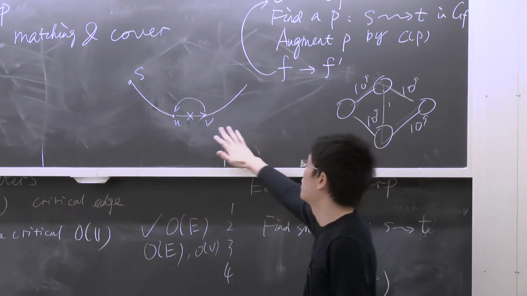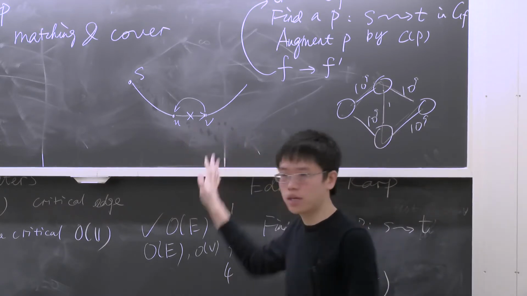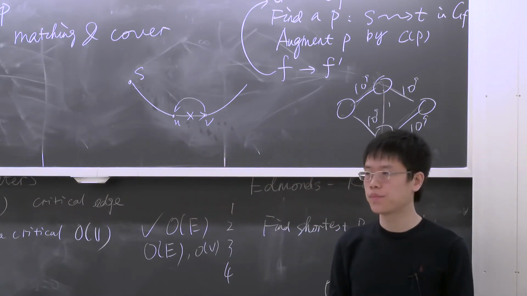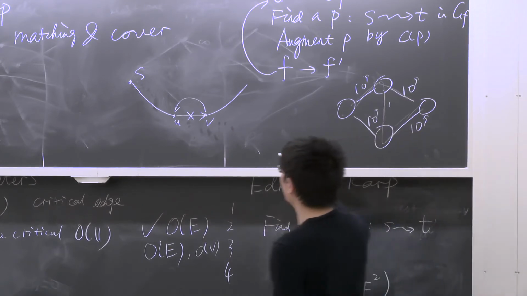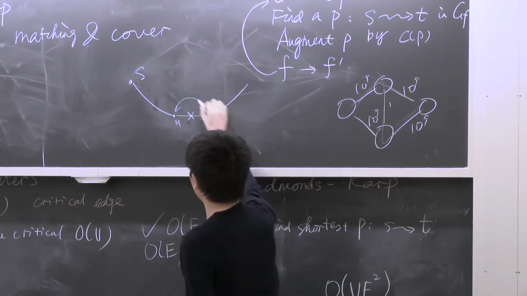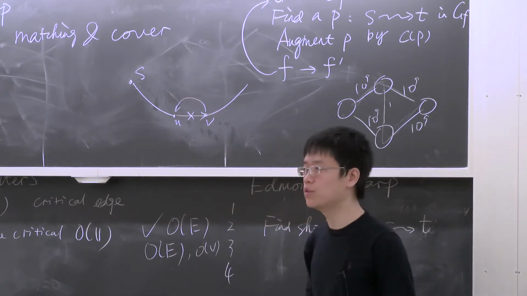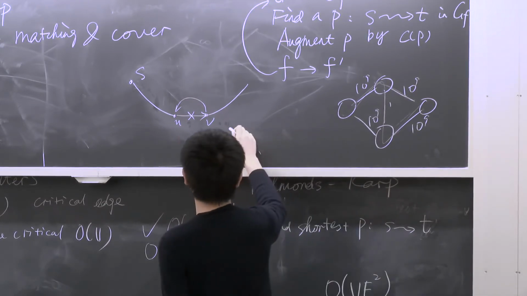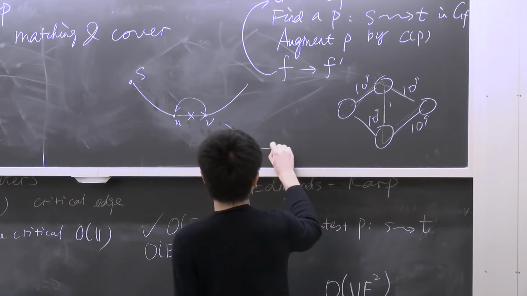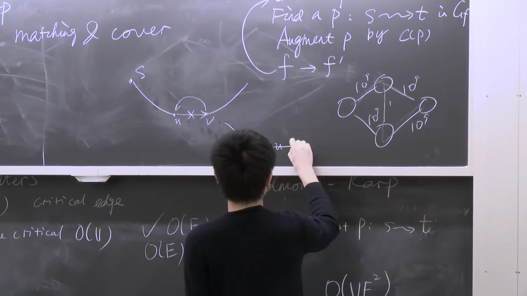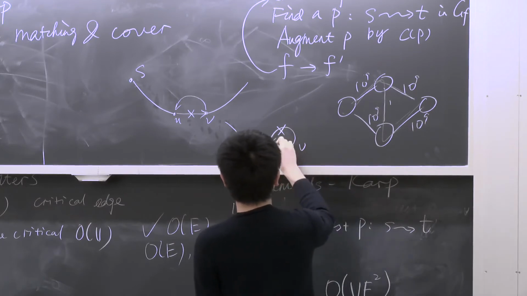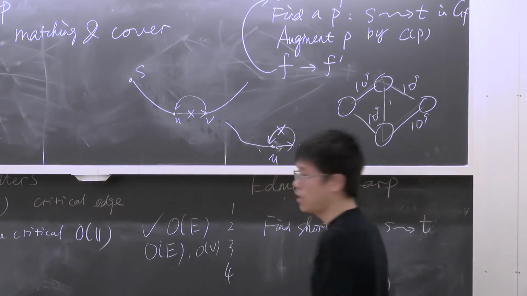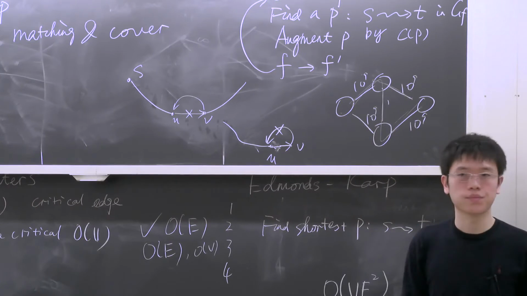Now, when can I augment UV again? It can only happen if at some point I come back to augment the path going from V to U, right? Because that will eliminate this back edge and add back our edge UV.